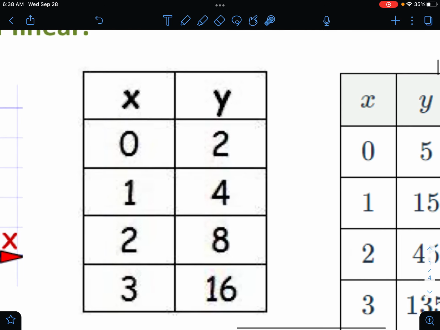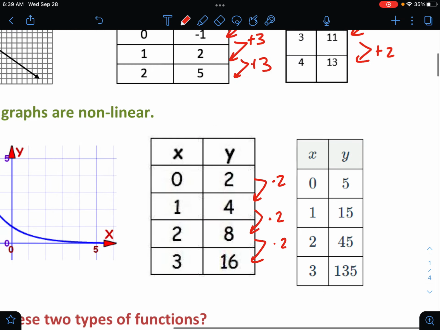And in this table, you can see that to go from 2 to 4, I would add 2, and 4 to 8, I would add 4. So since that's not the same addition, another way to look at this is 2 times 2 gives me 4, 4 times 2 gives me 8, and 8 times 2 gives me 16.